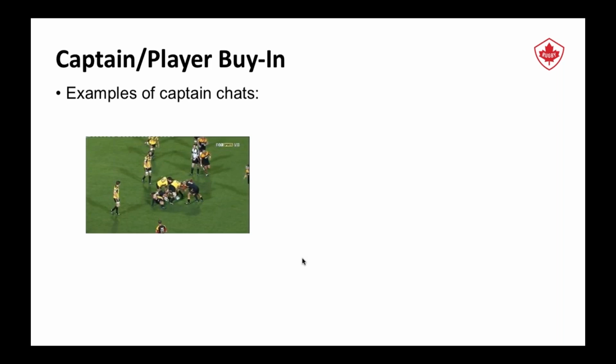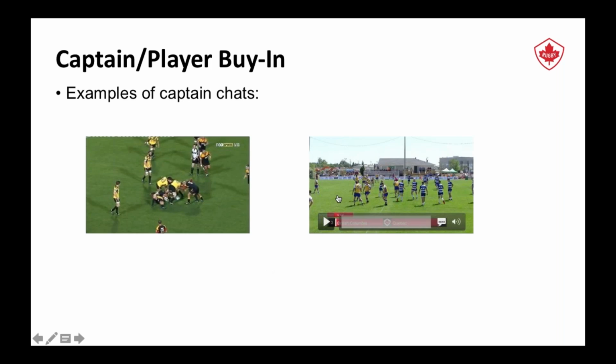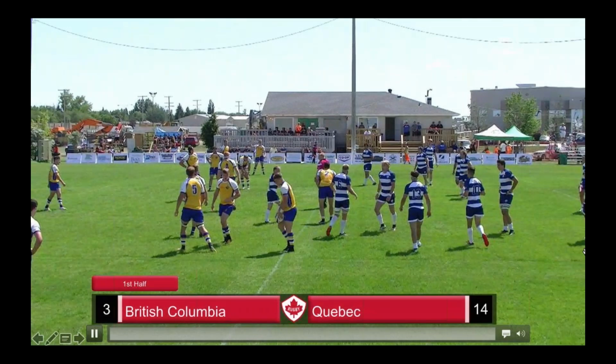So this is a good example of a referee trying to get the captain to buy in. Not much interaction from the captain, right? I think he's pretty understanding of where they're at. Just a pretty good example, I thought, of a referee early in a game outlining what he's seeing from a potential trends perspective. Snip it in the bud, let's have the team work on that, and empowering the captain to go back to his team and have that conversation.